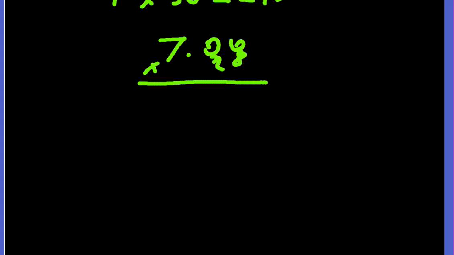So we're gonna do 6 times 8, 48, and carry the 4. 8 times 0 is 0, plus 4, be 4, and then 8 times 7 is 56.